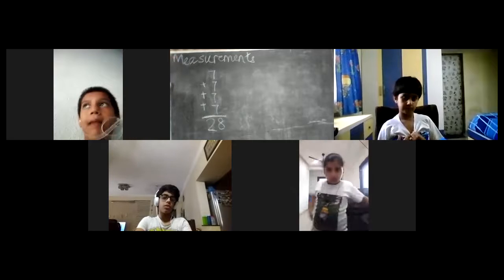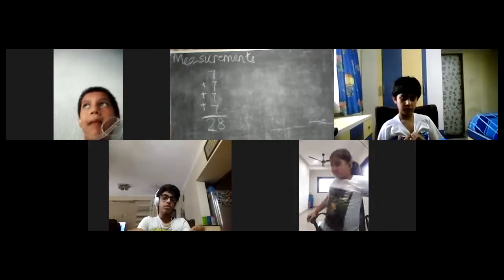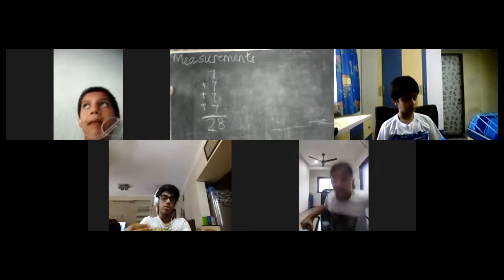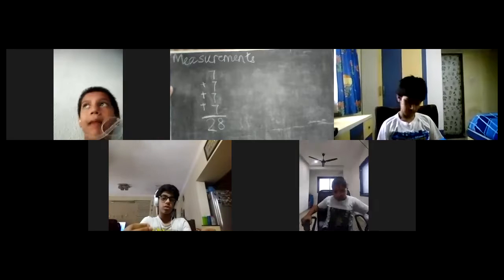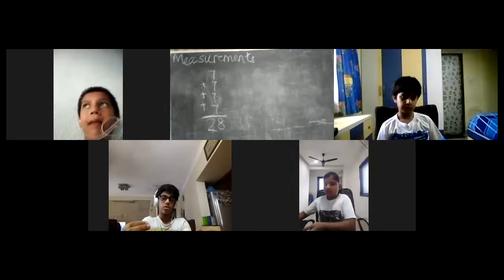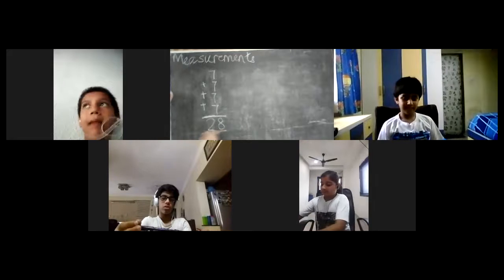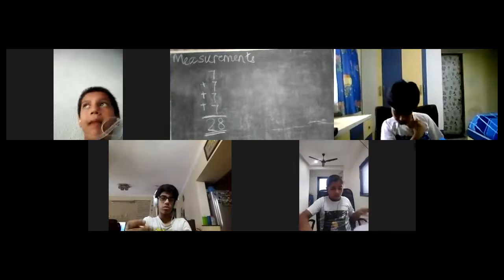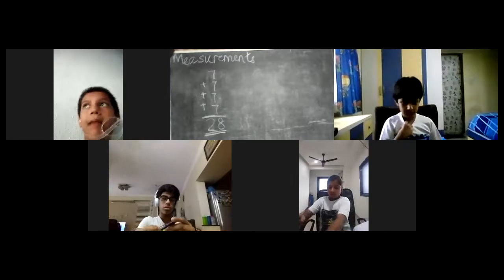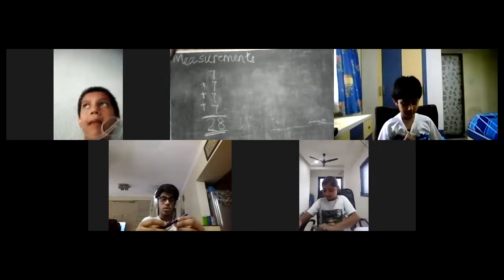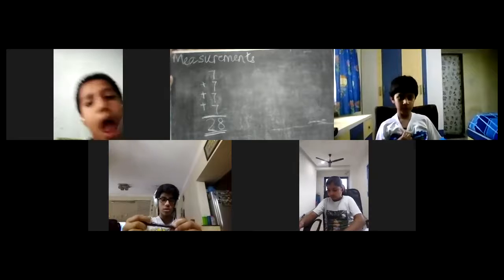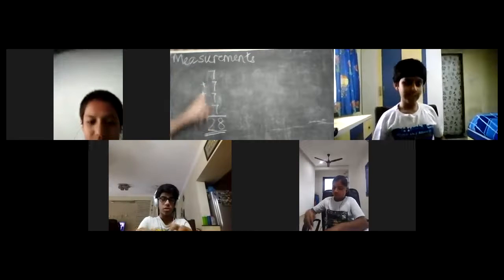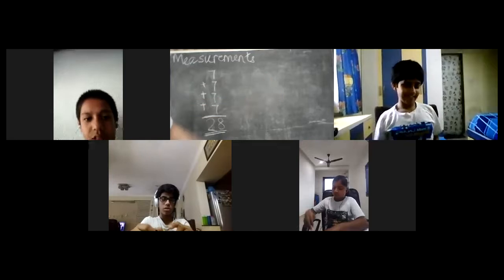Subhan, please say it in multiplication format. Subhan, are you there? Say it in multiplication format. Yes. 7 4s are 28. I know 7 4s is 28. Say this entire sum in a multiplication format.